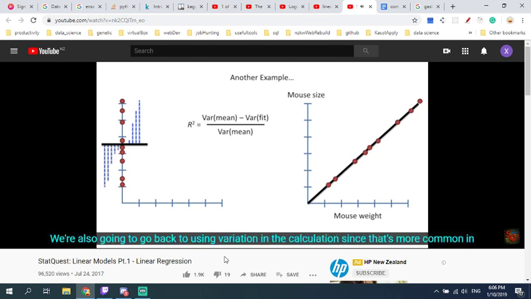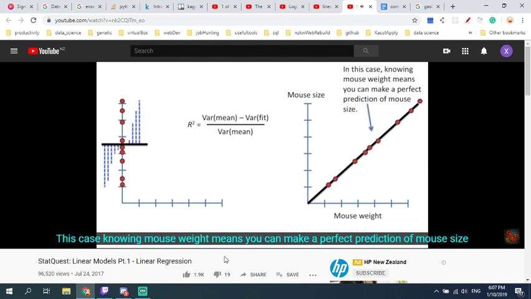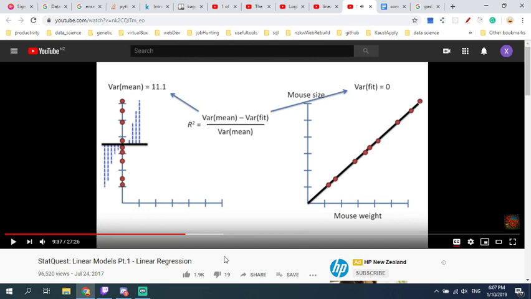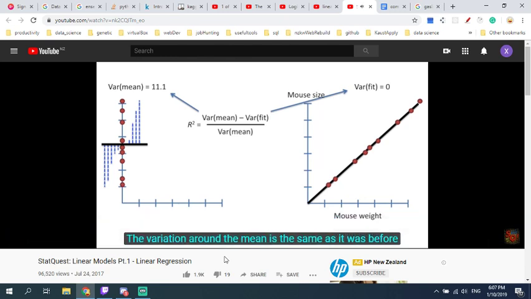Here's another example. We're also going to go back to using variation in the calculation, since that's more common. In this case, knowing mouse weight means you can make a perfect prediction of mouse size. The variation around the mean is the same as it was before, 11.1.